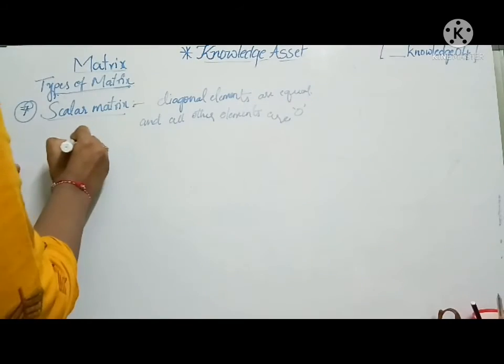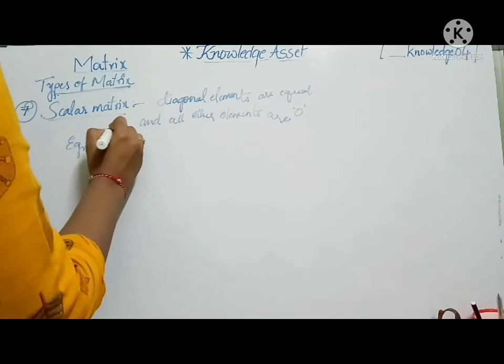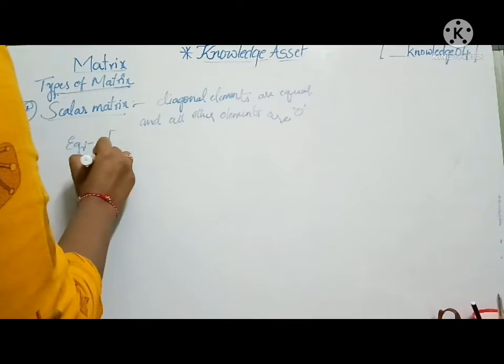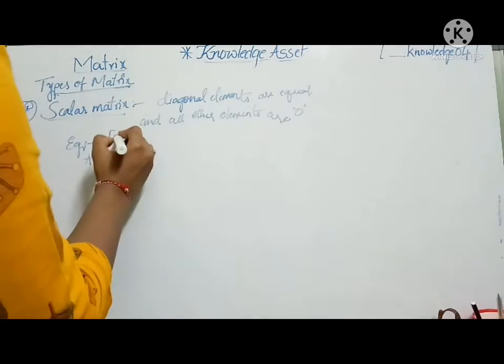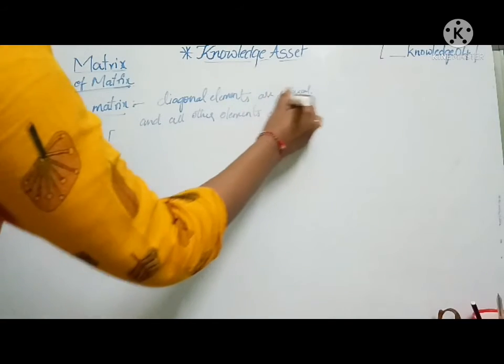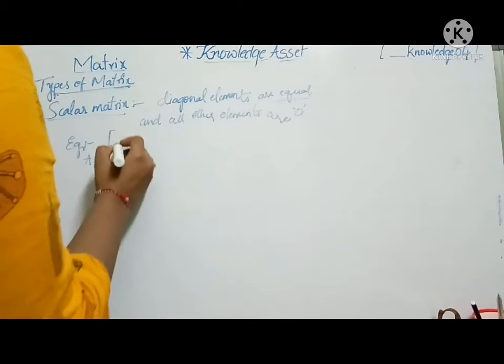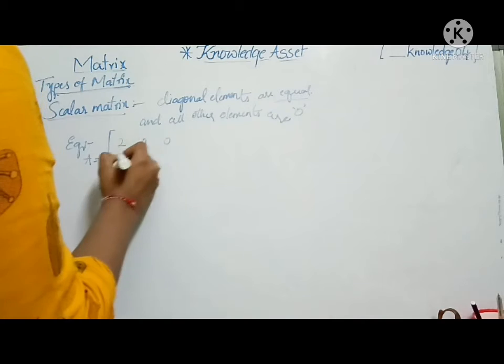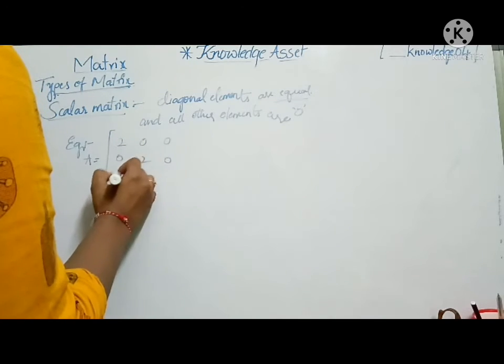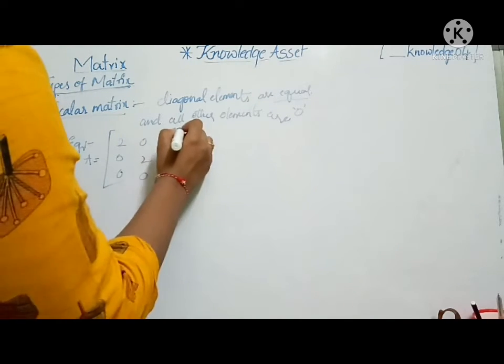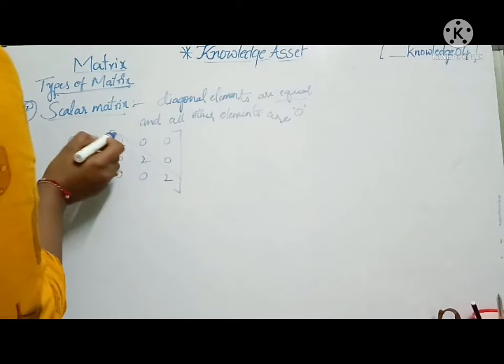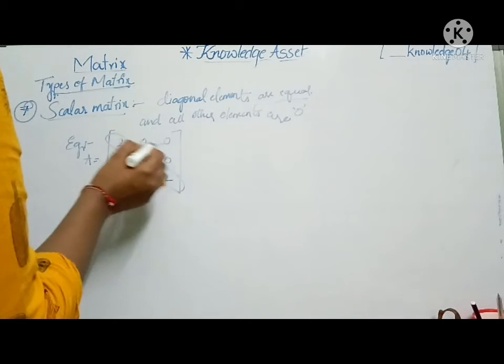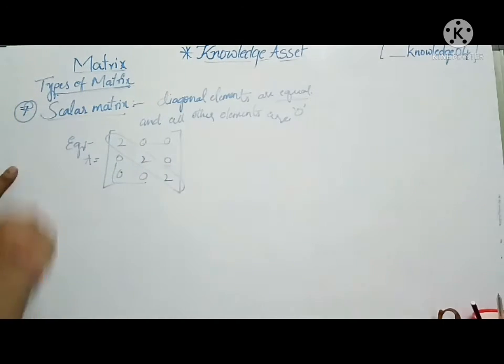Okay, let's see one example. A is a matrix in which the diagonal elements are equal and all other elements are zeros.